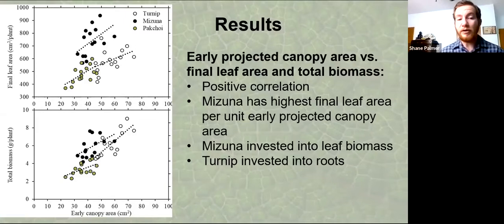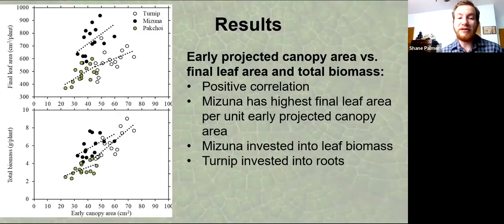Although there are limits to that, because there are species-specific differences here. For instance, mizuna has the highest final leaf area relative to the early projected canopy area. But you can also tell that the turnip had invested all of its biomass into its roots.